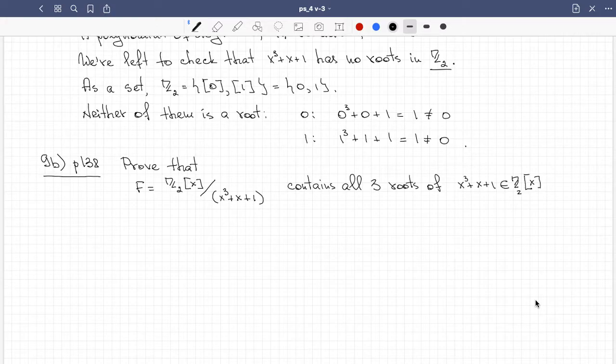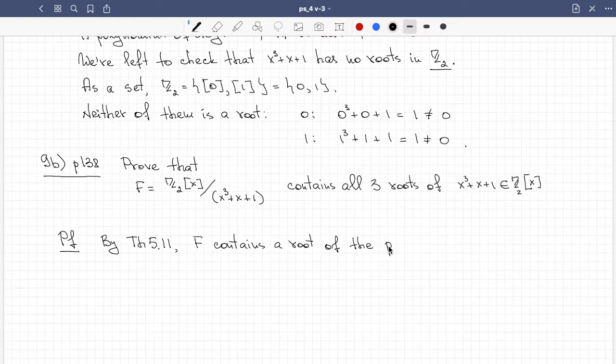We know that by theorem 5.11, first of all, F contains a root of the polynomial, so we can say that alpha is a root.